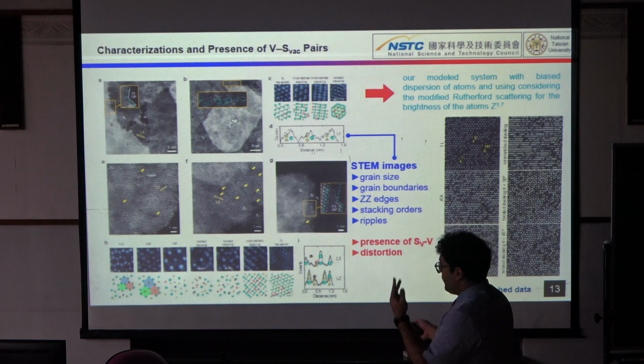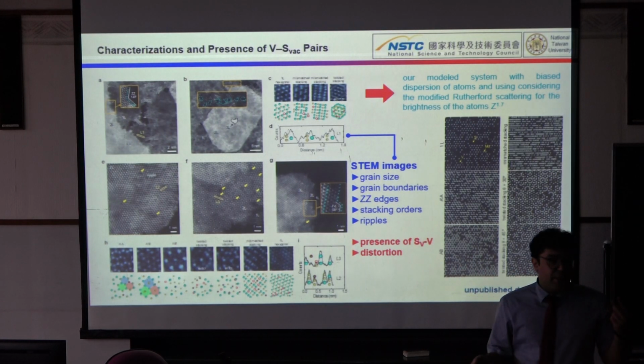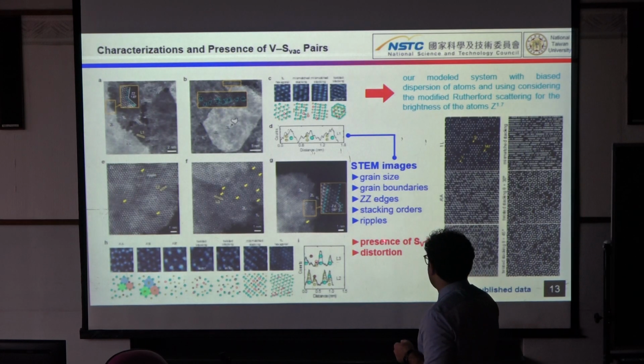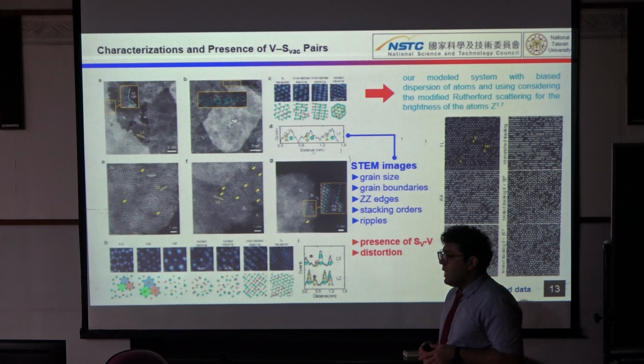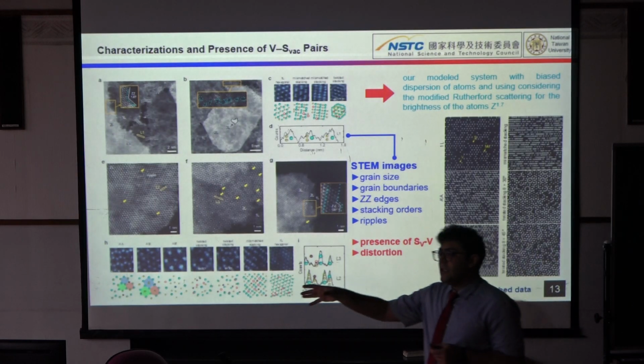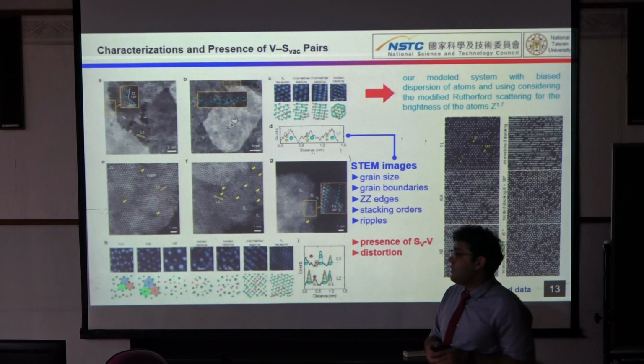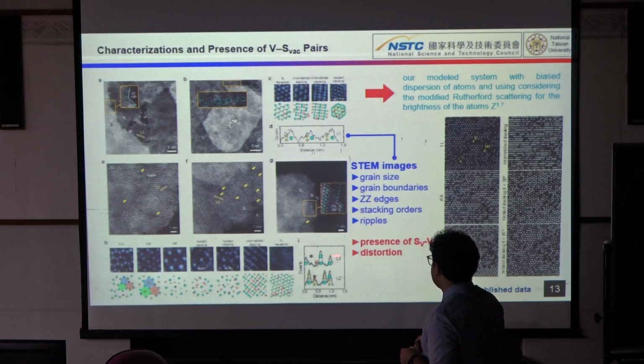And we observe two different things when we have vanadium in our sample. The first one is that, if you see here, we have some dark regions in some parts of the sample. It means a kind of accumulation of vanadium and vacancy together. It already matches what we observed from the theoretical calculation. And the second thing is the distortion.